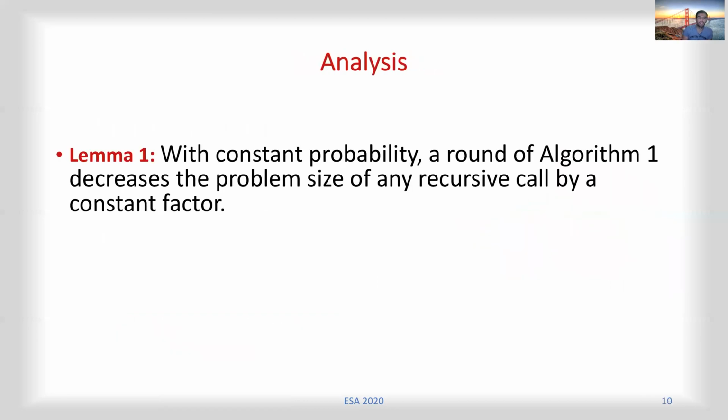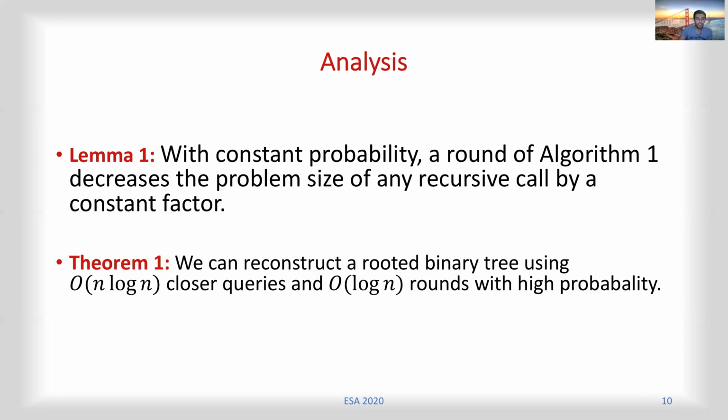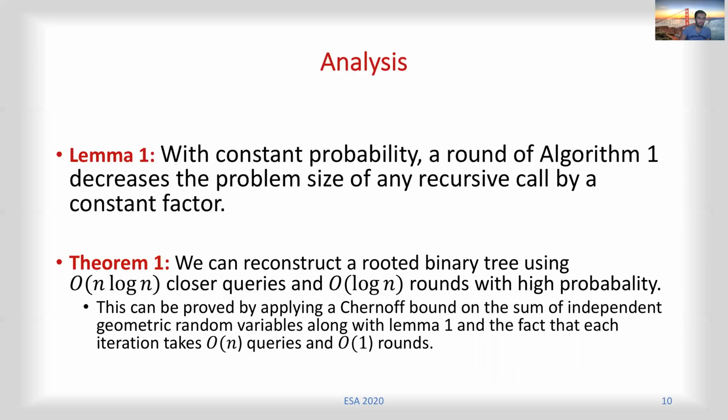And for this analysis, we have that with constant probability, a round of algorithm 1 decreases the problem size of any recursive call by a constant factor. So we can reconstruct the rooted binary tree using a quasi-linear number of queries and O of log of n rounds with high probability.